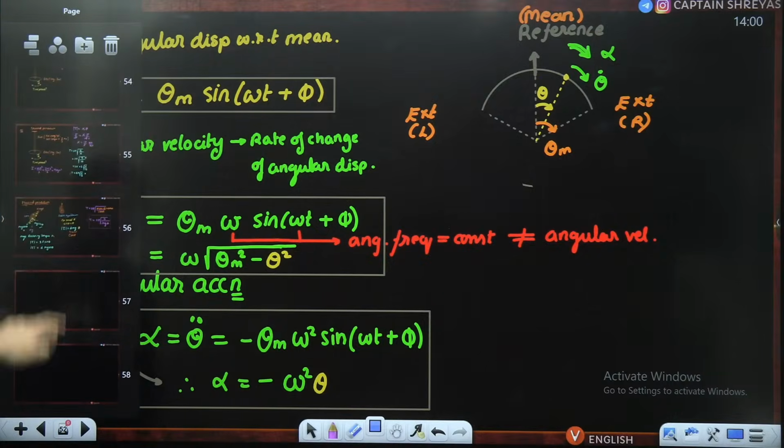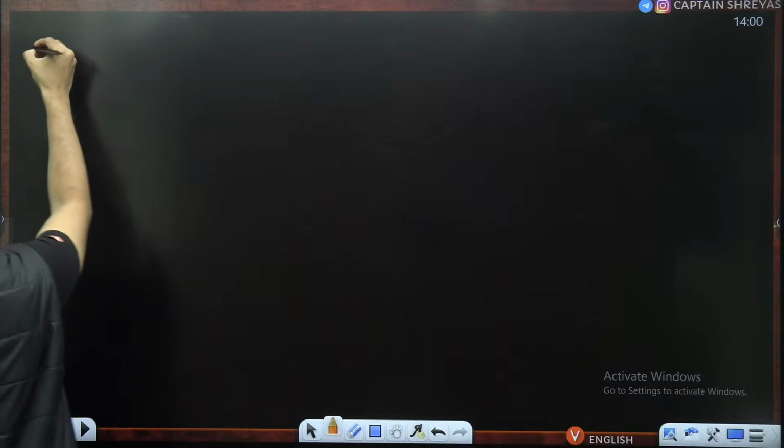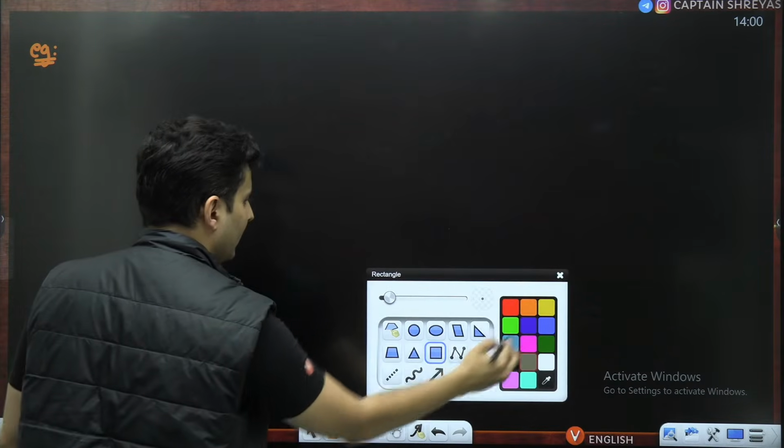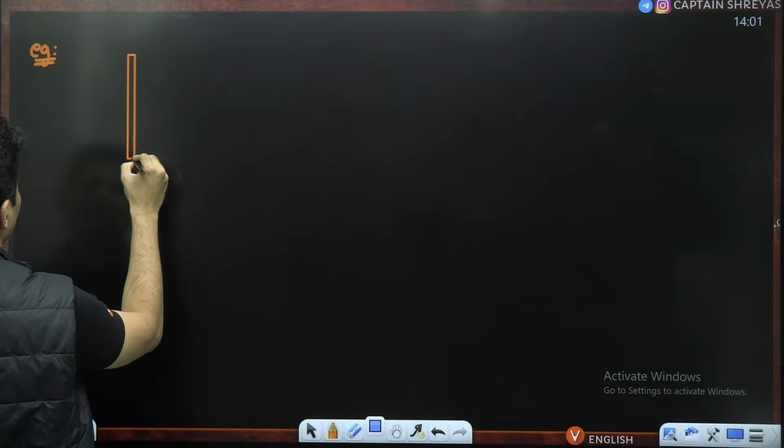Let's do a question on this so that you get an idea. Imagine somebody just takes this rod like this.